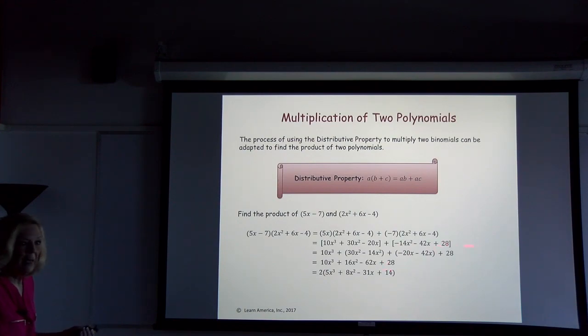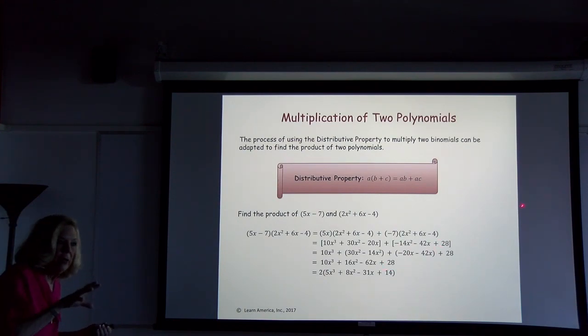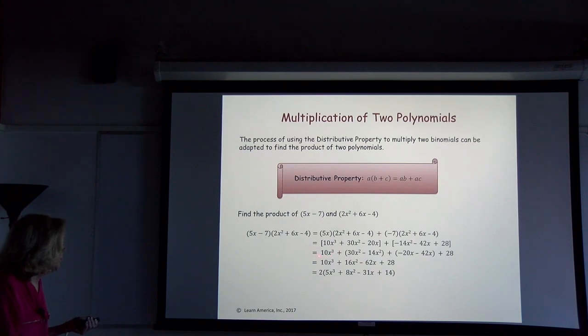28 over here. Now, if I have a lot of terms I'm trying to combine, some of you, when you get down to this point and you start combining your terms, will tend to cross them out. Then if you want to go back and double check, you can't see what you've written. So what I like to do is maybe underline the like terms. So 10x cubed is sort of off by itself. Just put a single line underneath that.